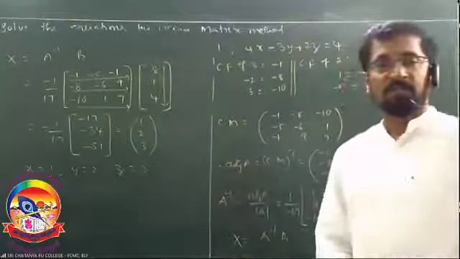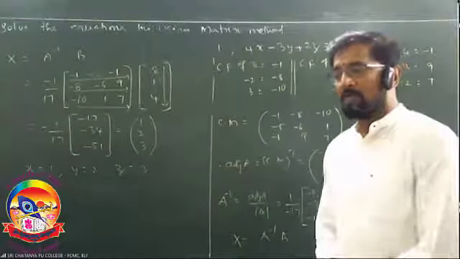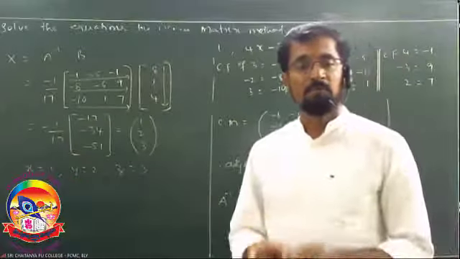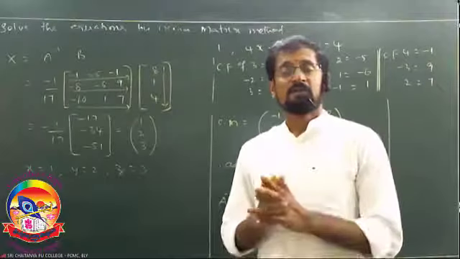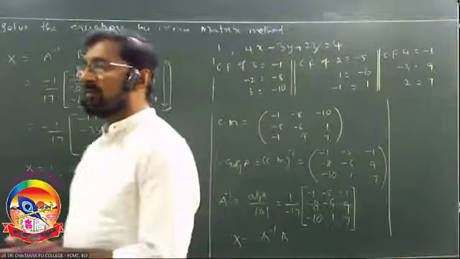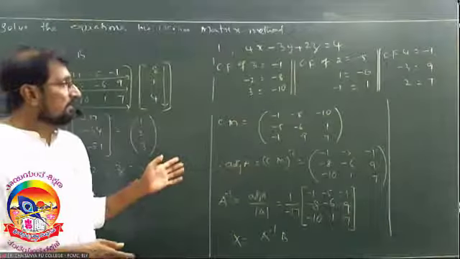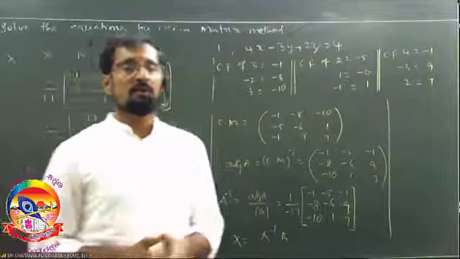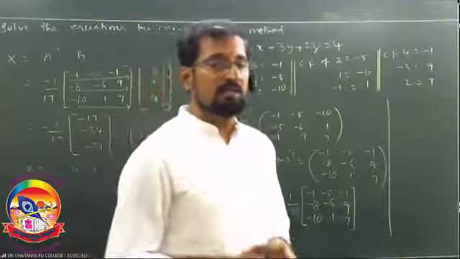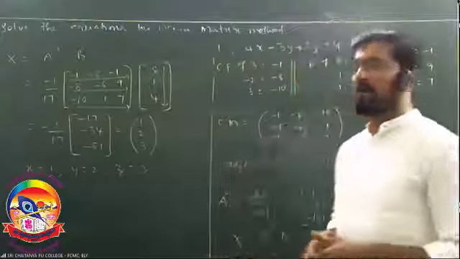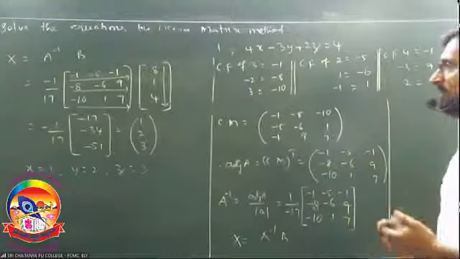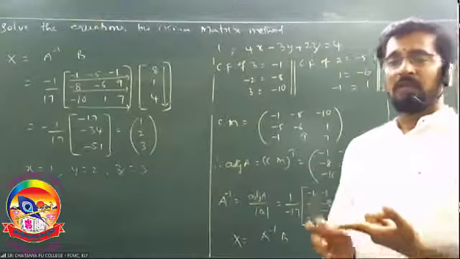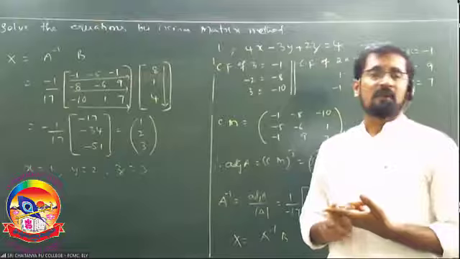Within the time you copy this one, I am going to repeat. It may be 2 by 2 or 3 by 3, that means consisting of two or three equations. First, the first step you should do is write the linear equations in matrix form. After writing in the matrix form, coefficient matrix into variable matrix is equal to constant matrix.